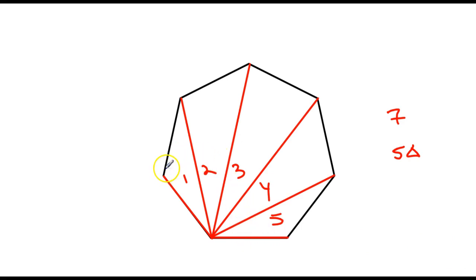Notice that this is part of the original angle of the 7-sided figure. These 2 add up to the original angle. These 2 add up to the original, as well as these and these. They all add up to this original angle right here, going all the way around. This one is an original angle, and then these 5 angles right here add up to this original angle.